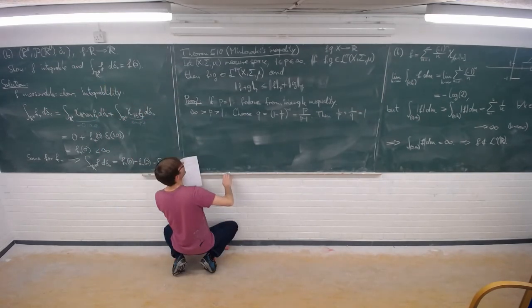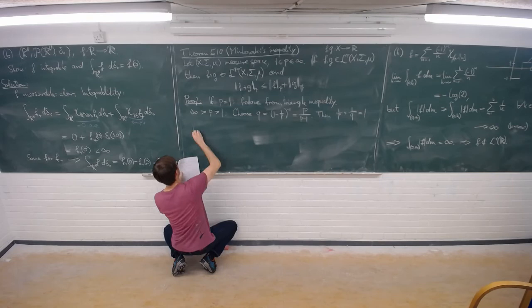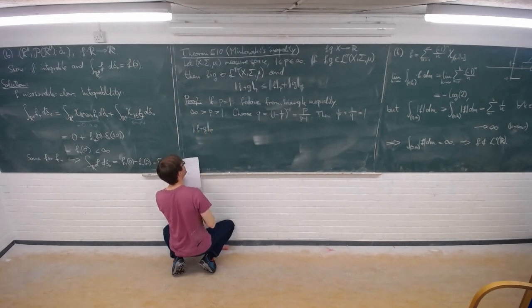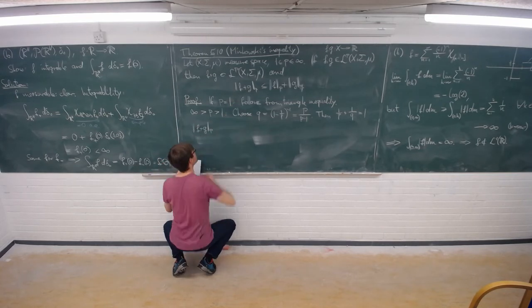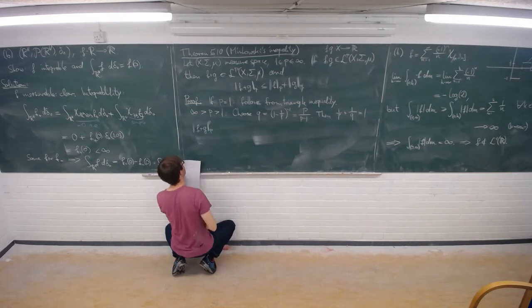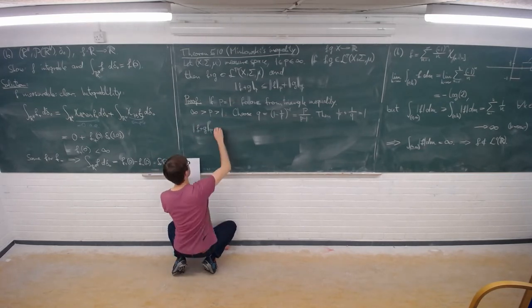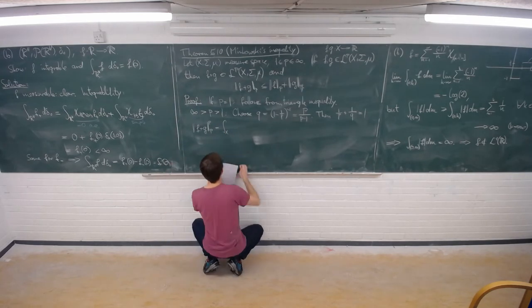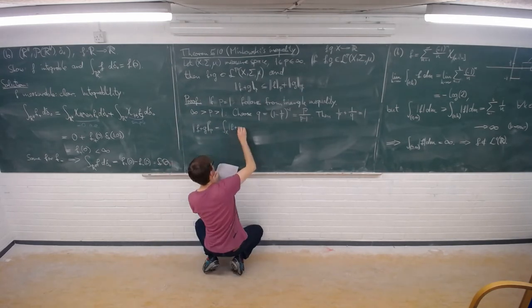So now let's start with the p norm of f plus g. So this left-hand side to the power p. This is, by definition, the integral of absolute value f plus g to the power p d mu.